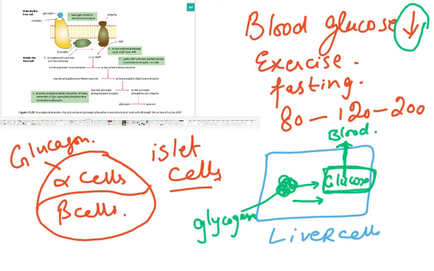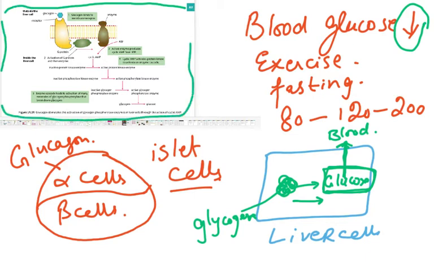Now of course this is a very complicated process which we have to understand, and this is the diagram from your book, and we're going to talk about this in a little more detail and how this results in increased glucose. And of course the increased glucose means that the blood glucose will normalize, because it had gone down, so it will come back to these parameters in which it stays between 80 and 120.